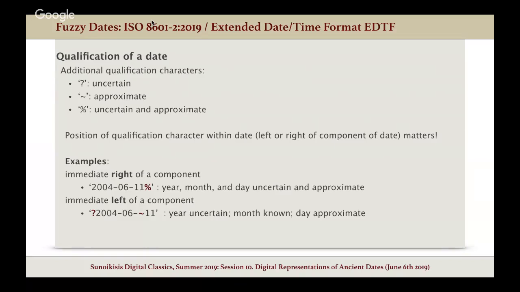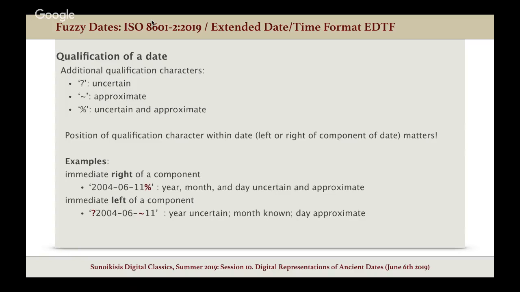So you can add a question mark for uncertain, a tilde for approximate, and a percentage character for both uncertain and approximate. Important here is the position of the qualification character within the date. It could be either to the left or to the right of a component of a date. One example for immediate right of a component could be having the year 2004, month of June, and day 11, then the percent character.